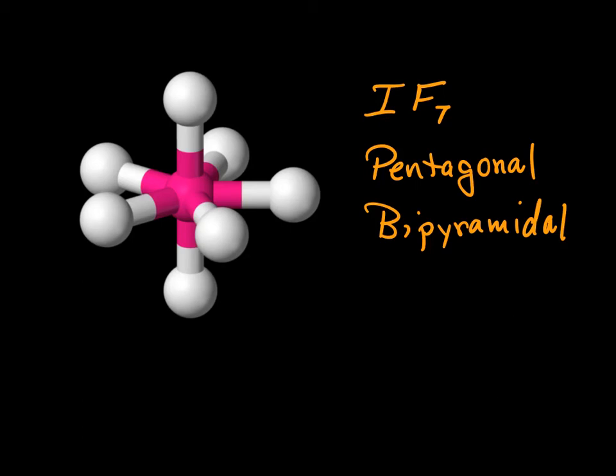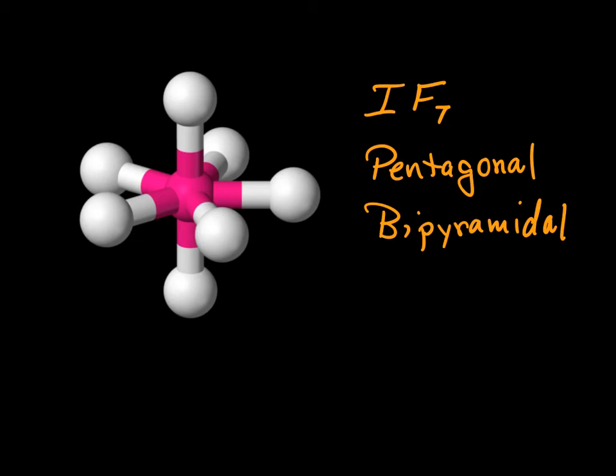heptafluoride. If you draw that out, it would give us 7 regions of electron density. And so that kind of structure creates a 5-membered equator, so it's pentagonal. Up and down makes it pentagonal bipyramidal.